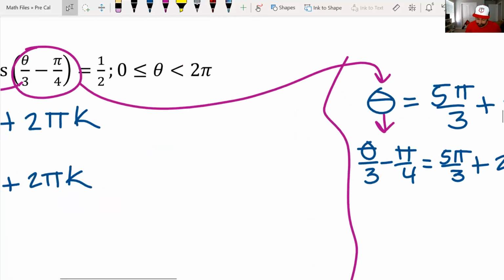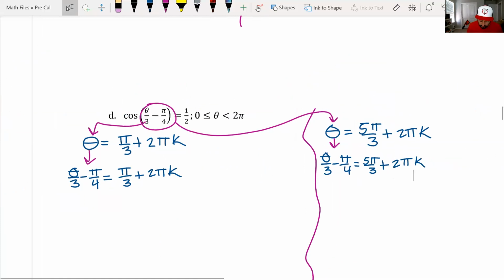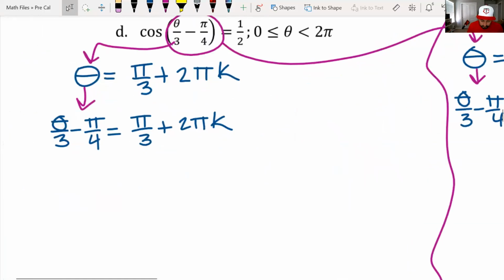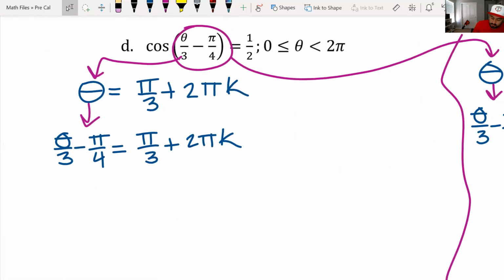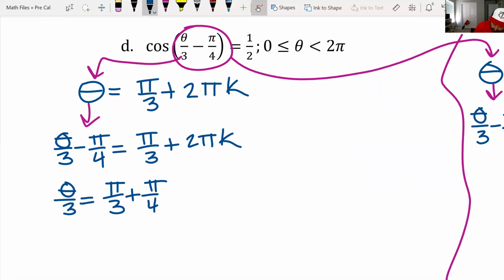And clean up. Okay, add the pi over 4 over. Theta over 3 equals pi over 3 plus pi over 4 plus 2 pi k.